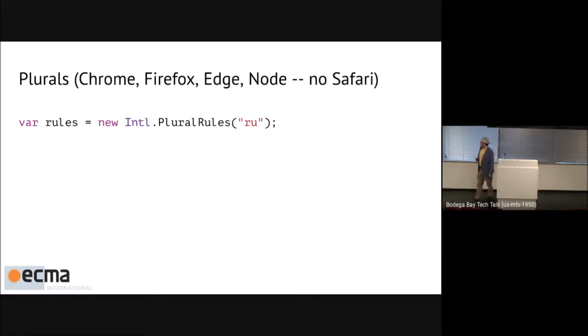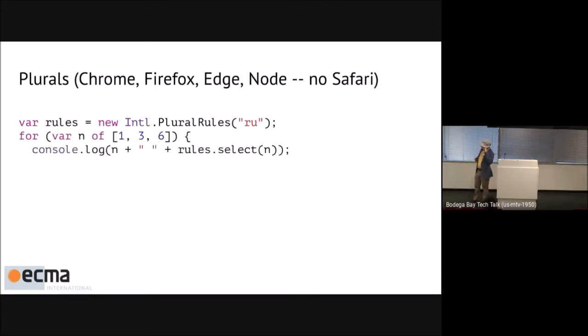Okay, so this is how you might make an instance of plural rules for Russian. If you're familiar with Russian, you know that Russian has many different plural forms. In English, it's either one or many, right? But in Russian and Arabic and many other languages, it's much more nuanced. There are up to 6 cases of plurals.